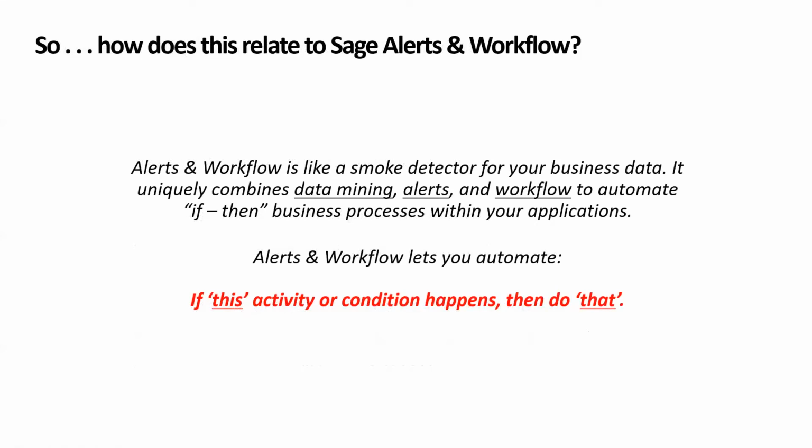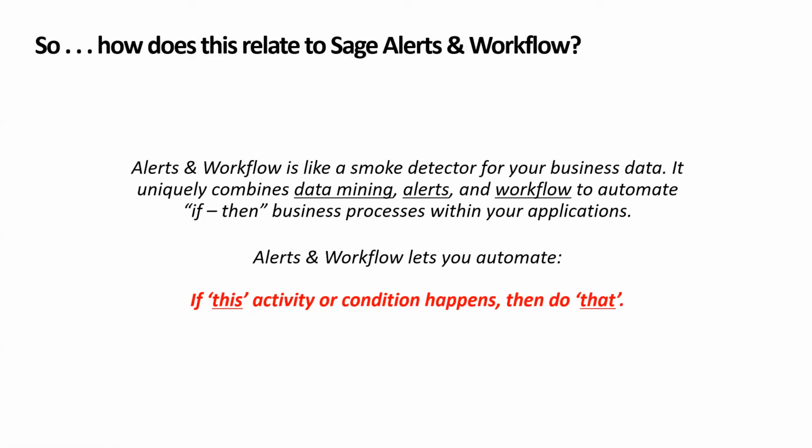So how does this all relate? Well, alerts and workflow is your silent partner, your big brother, your smoke detector for your business data. And it combines the capability of data mining, looking through your entire database, setting an alert, and even executing some workflow to update certain things or set other items in motion, and automates that if-then business process within your applications.